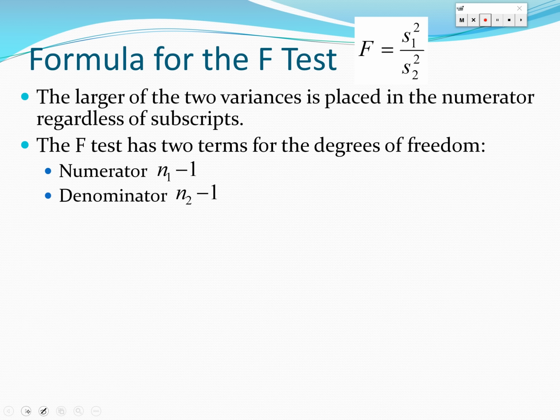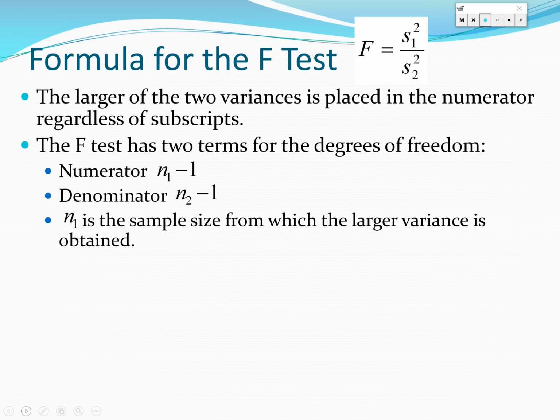Denominator, sample size minus 1. So finding the degrees of freedom hasn't changed, but we do have two separate ones. Here's the catch though. Your n sub 1 is the sample size from which the larger variance was obtained. So whatever sample variance goes in the numerator for your F test, you have to make sure that the sample size matches up for your numerator. So you have to make sure you keep those things the same.